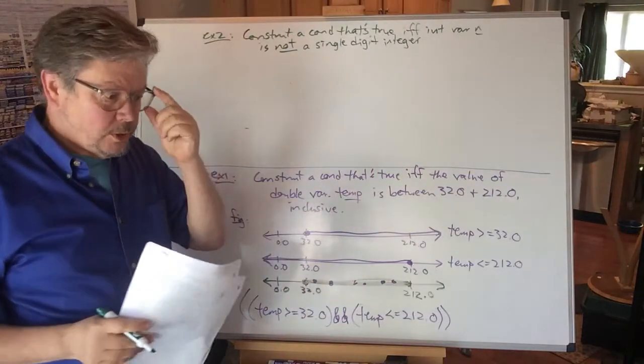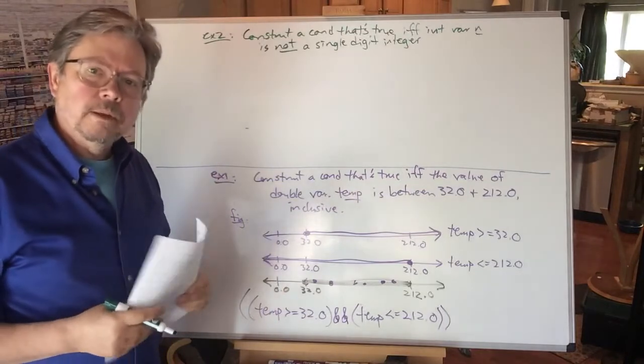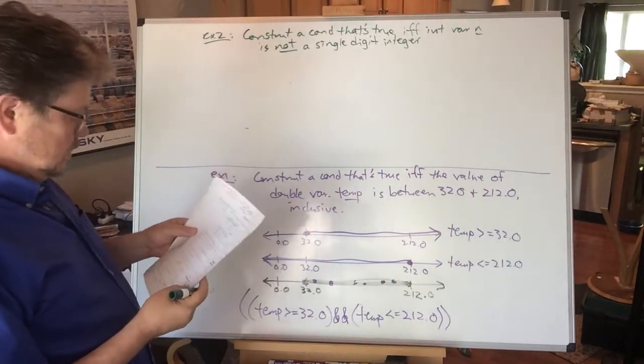Single digit integers are 0, 1, 2, 3, 4, 5, 6, 7, 8, 9. Also negatives. Negative 1, negative 2, negative 3, up through negative 9. So that's how that works.